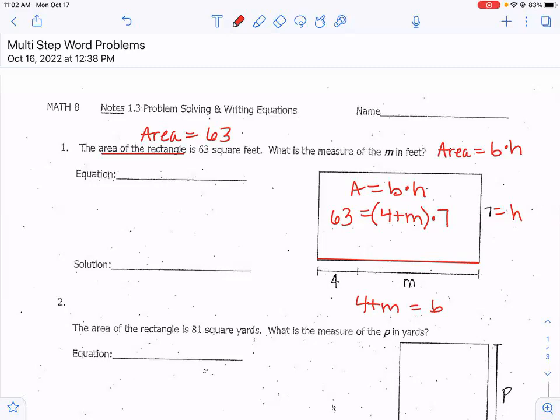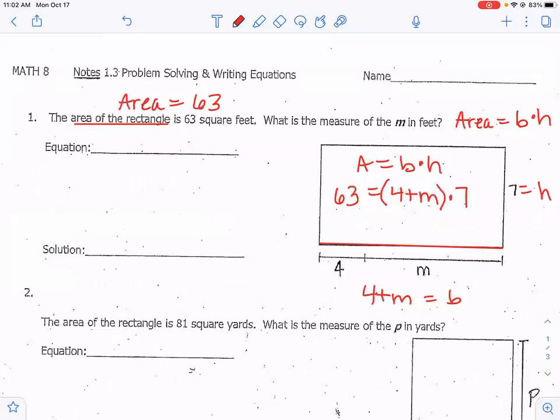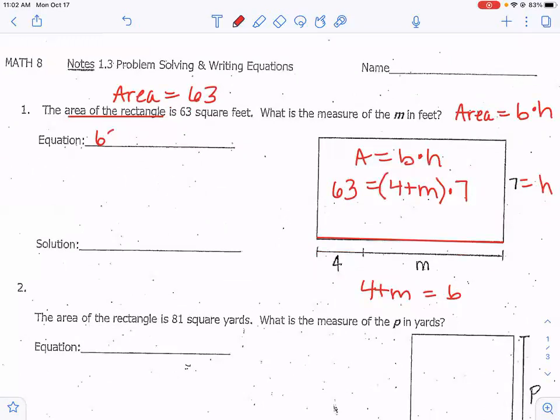Cool. Now, I don't really love that I have my parentheses and then my 7 is coming after it. So I'm going to come up here to my equation. Is it legal for me to write 63 equals 7 times parentheses 4 plus M? When we multiply, is 3 times 4 the same as 4 times 3?